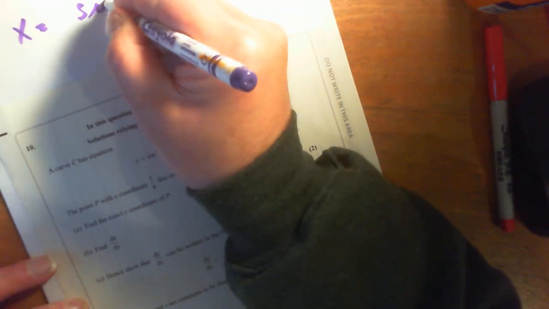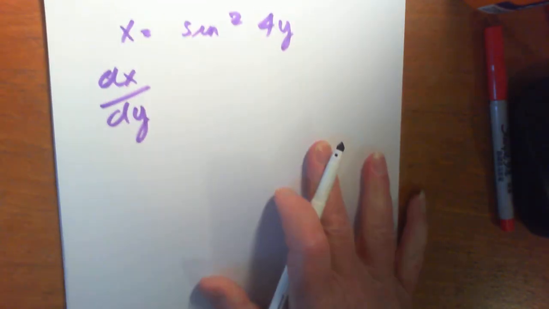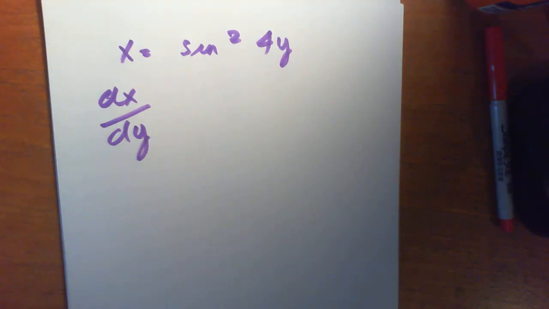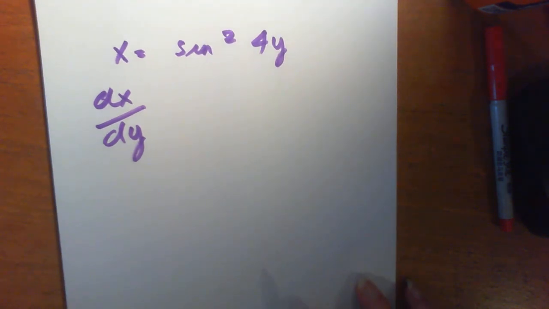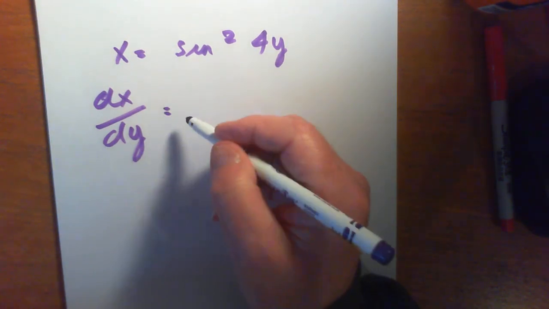So then you've got the derivative. You've got x equals sin squared 4y. So dx over dy. You can always do this as the chain rule if you're unhappy with it. But the more you get into that, you should be able to do this in one go.